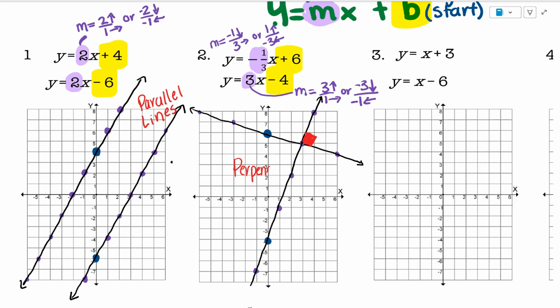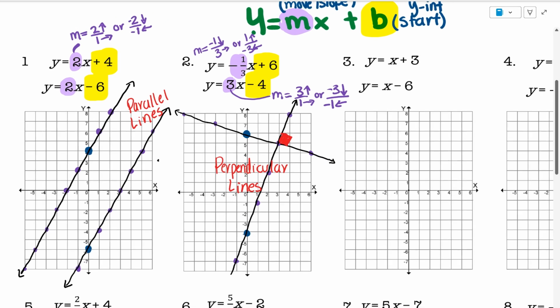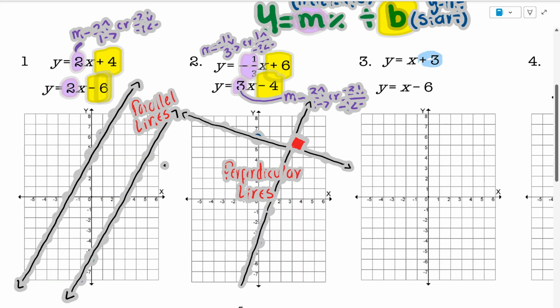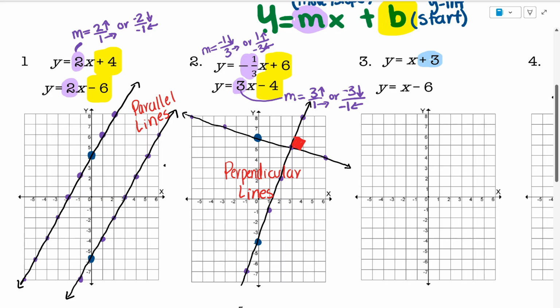And hopefully you're noticing a pattern in the equations that reveals whether the lines are perpendicular or parallel even before you start graphing them. So pay attention to the pattern that you see here.